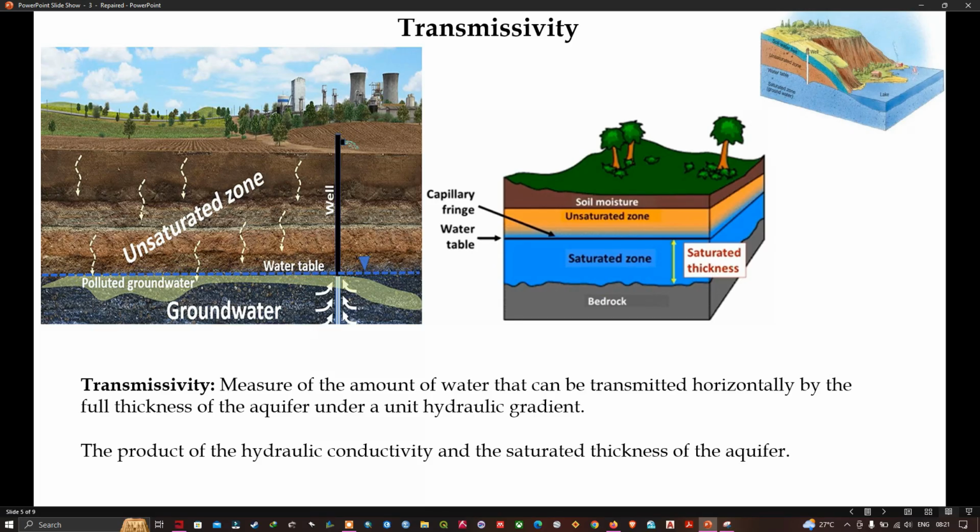The transmissivity is the measure of the amount of water that can be transmitted horizontally by the full thickness of the aquifer under a unit hydraulic gradient.